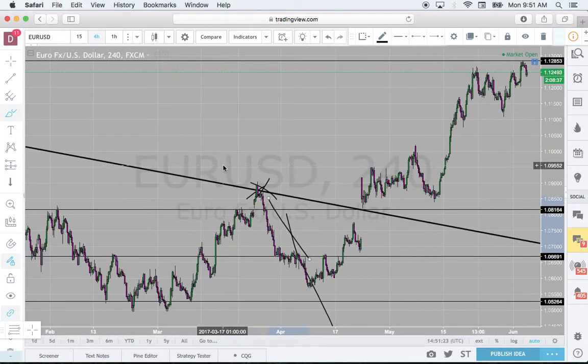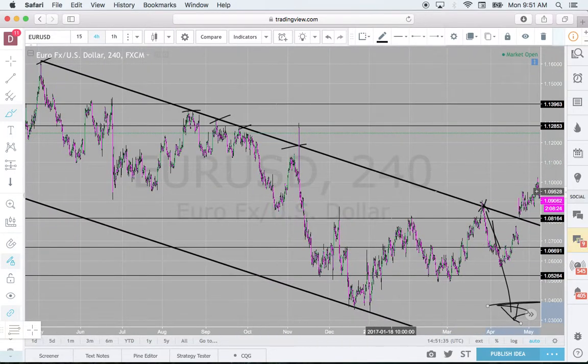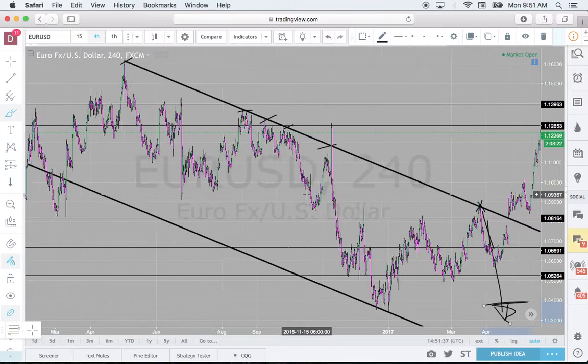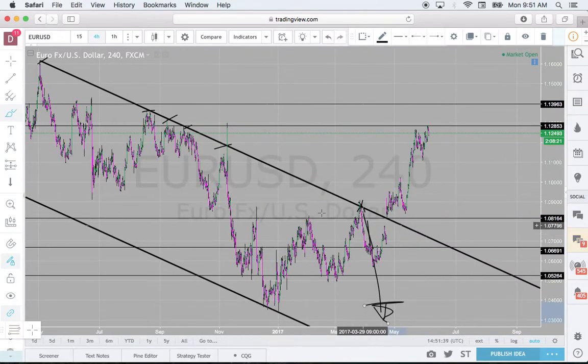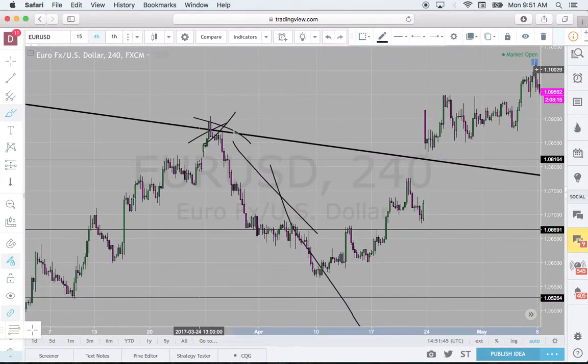So we would expect these traders that sold here not to get out of the market until price is about down here, where they expect the price to move according to this trend, the downtrending market. But you can see that is not the case.